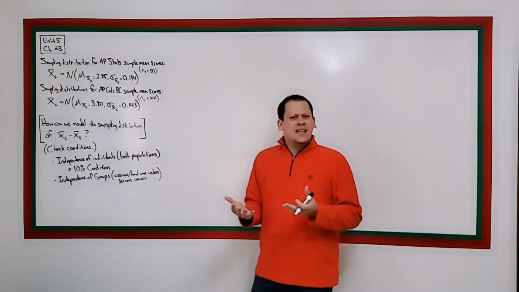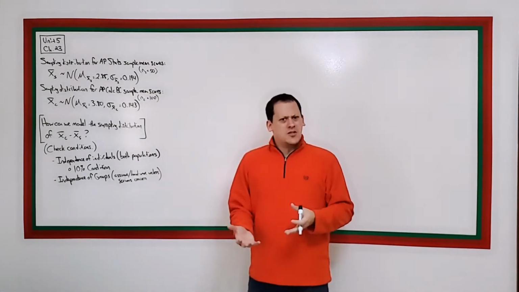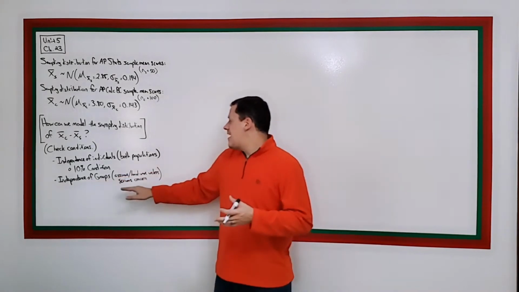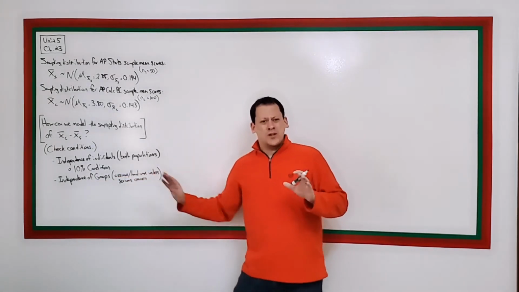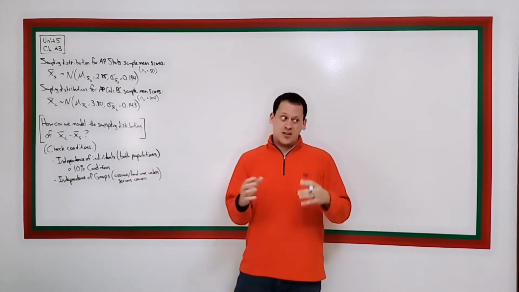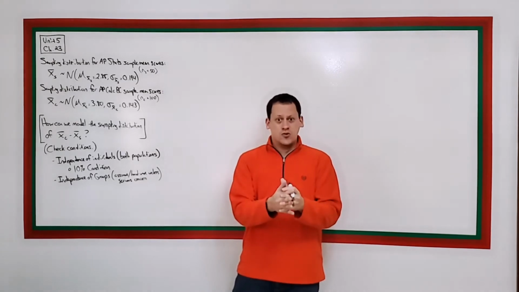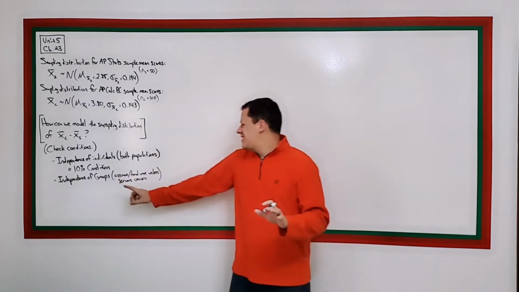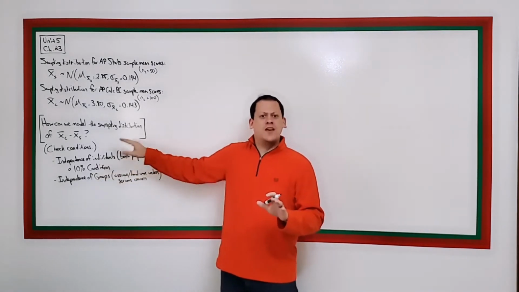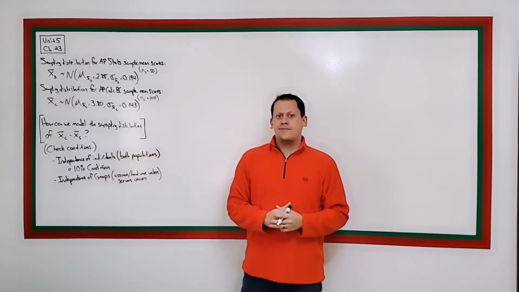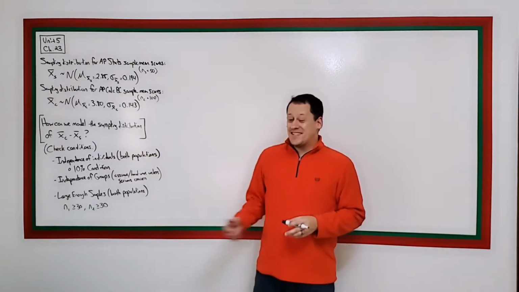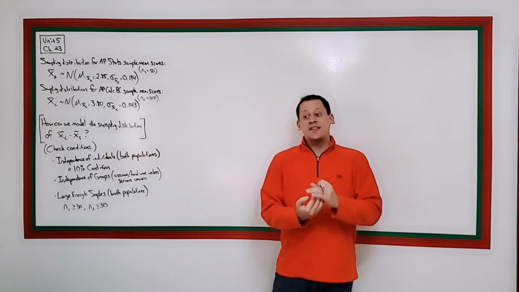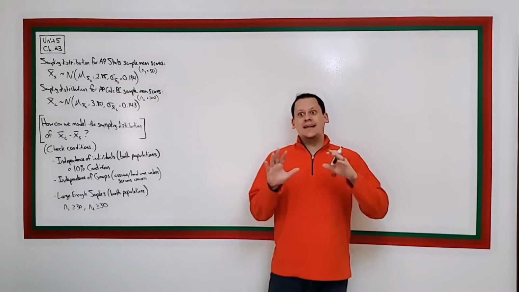So even if you think there might be some issues with this condition, generally unless you're being really pushed towards the fact that there's something really connecting these two groups together, you can just say this condition is met. This should never really be the reason that you failed to use the model that we're going to talk about here. The last condition we need to check is, again, common to every sampling distribution, in theory.